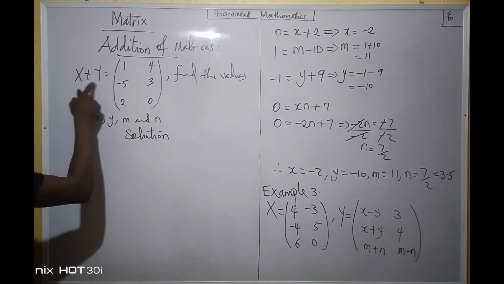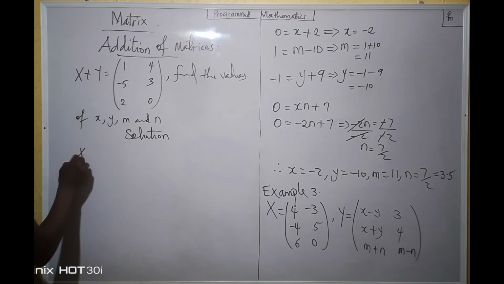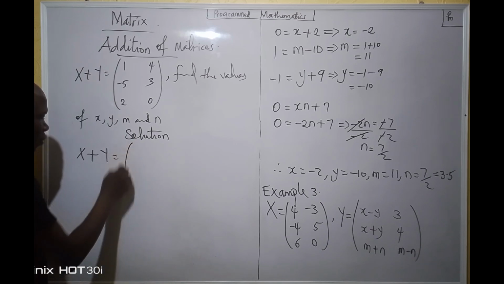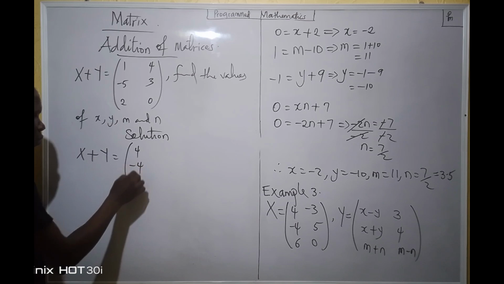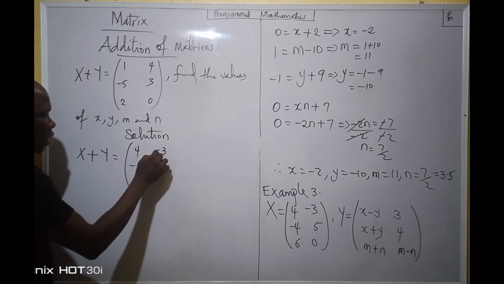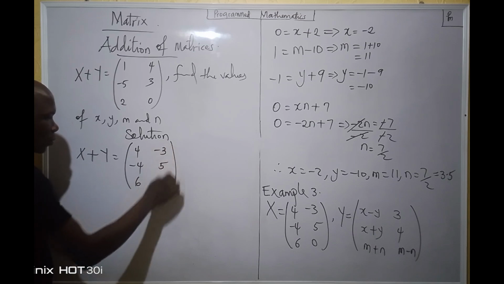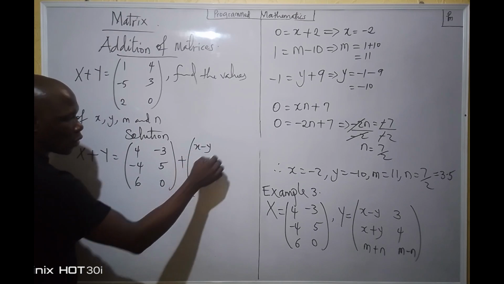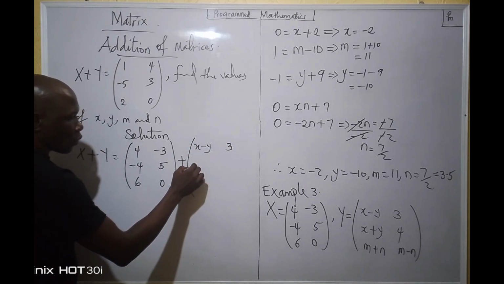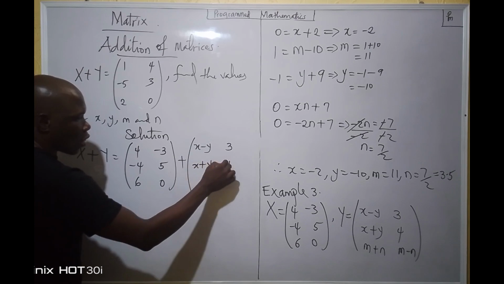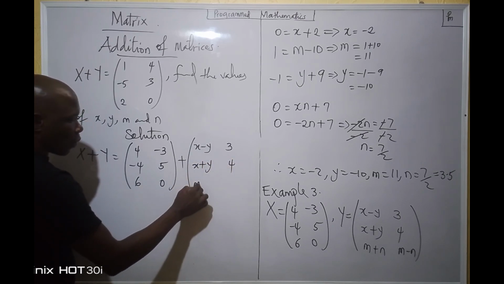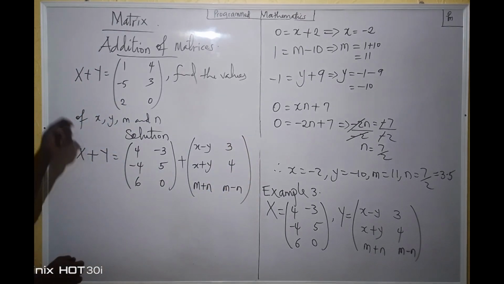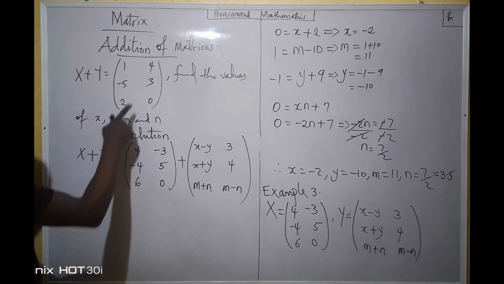Okay, so we are given matrix X plus Y. So let's add X and Y. If we are adding X and Y there, we simply have 4, minus 4, 6, minus 3, 5, 0, plus Y, with x minus y, 3, x plus y, 4, and m plus n, m minus n. Okay, so I need to make a simple adjustment to something here.